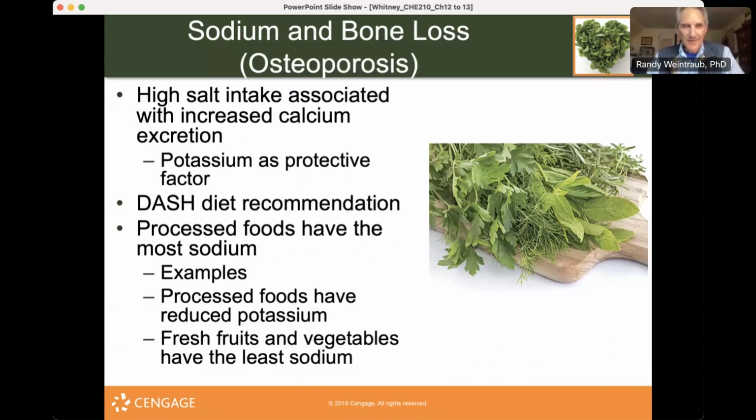Potassium is a protective factor. We'd like to have more potassium than sodium in our eating pattern. I mentioned the DASH diet recommendation. And where do we get excess sodium? A lot from processed foods.